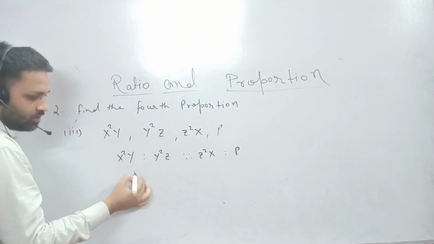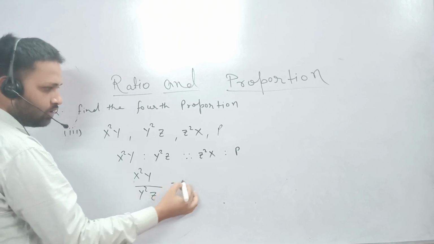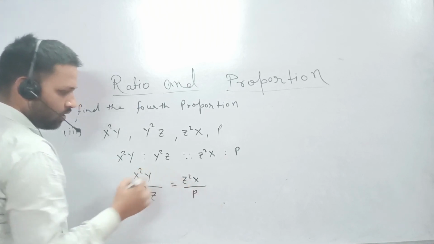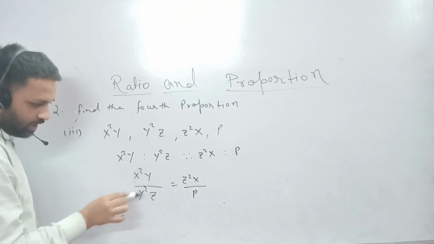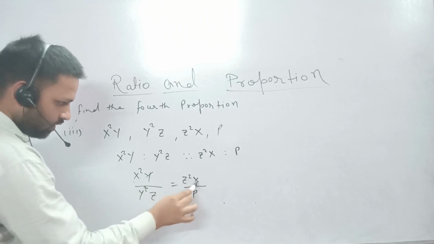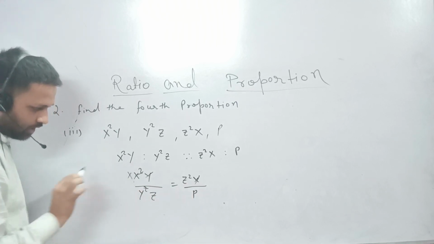It can be written as x square y by y square z is equal to z square x by p. You can simplify here, cancel numerator to numerator. Here we see it is simplified.